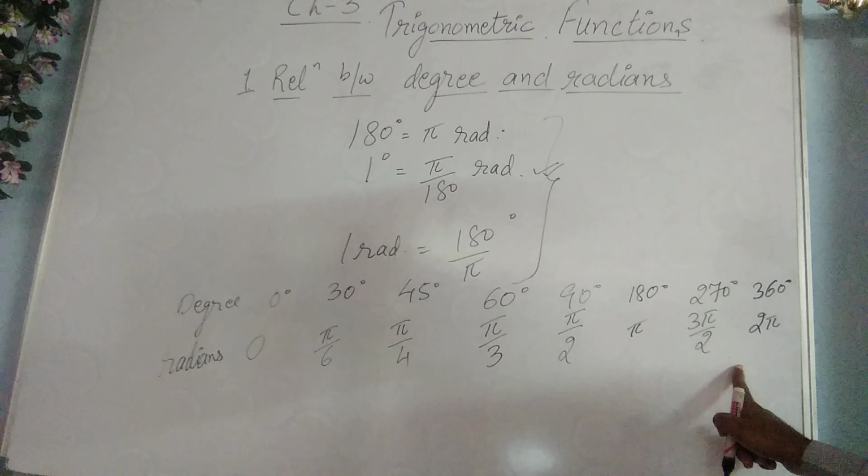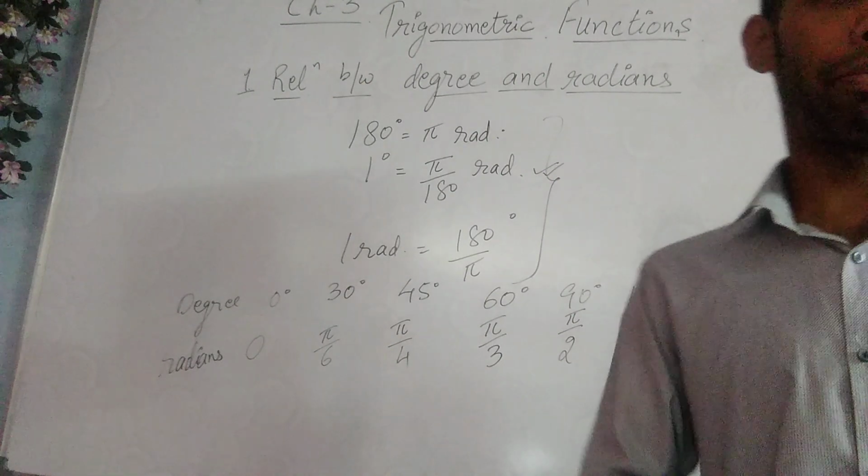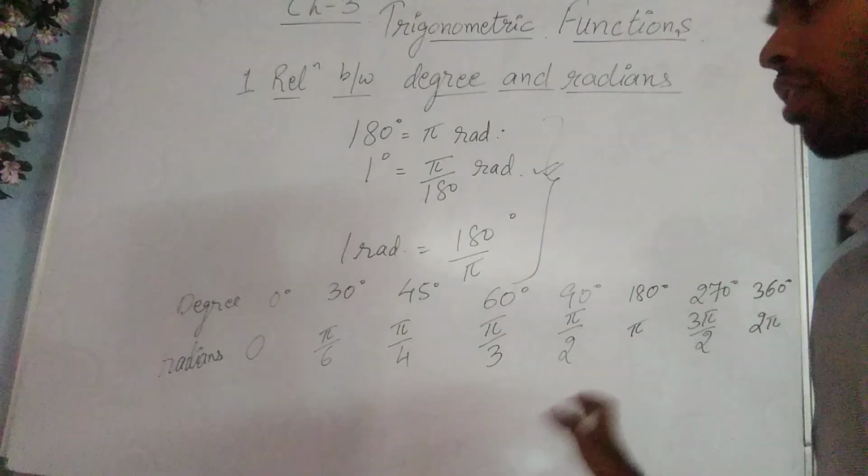Now students, I would like to request that you note down these conversions in a notebook for your future use. Or you can also take a screenshot at this time.